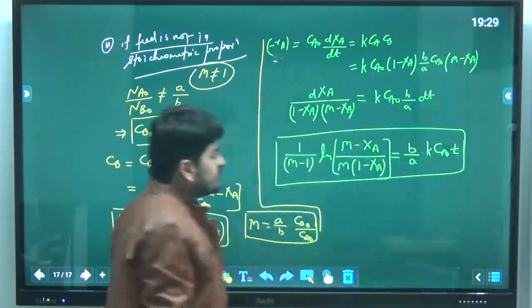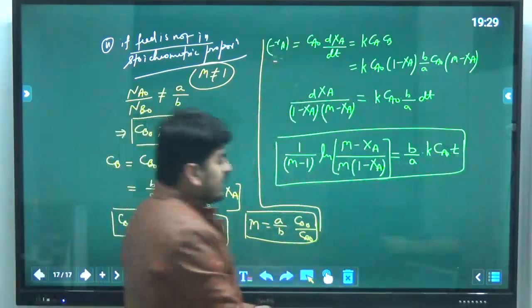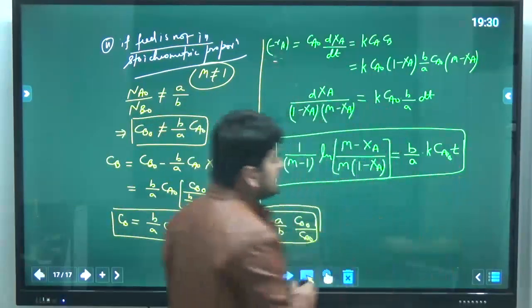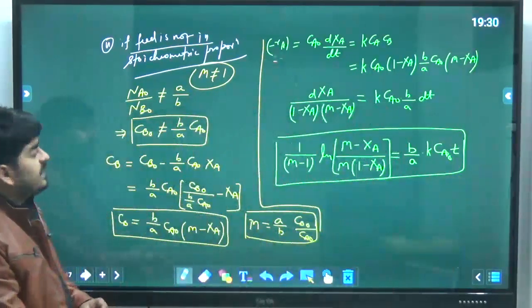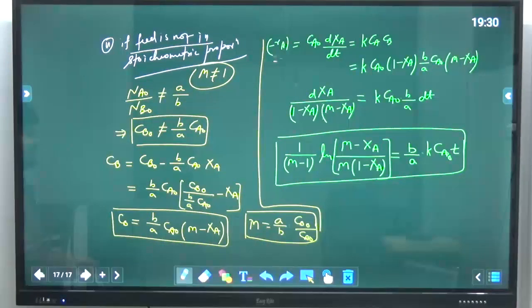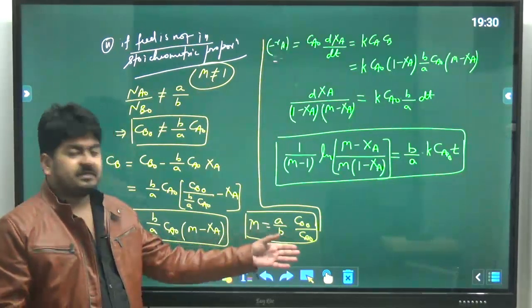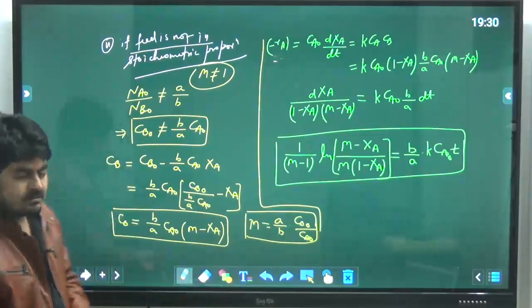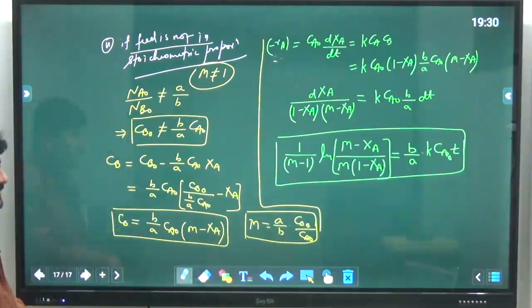So that's how you can solve this for any second order reaction where feed is not in stoichiometric proportion, and this will be valid for all values of M except 1, and obviously 0 and infinite, because if M is 0 it means only one reactant is there, so the reaction won't take place.